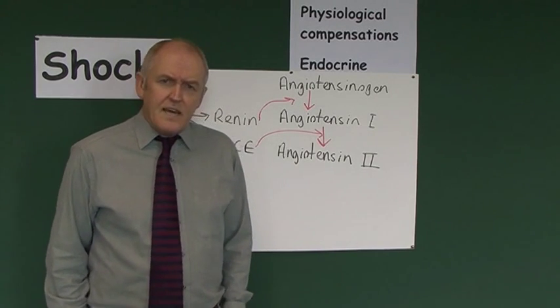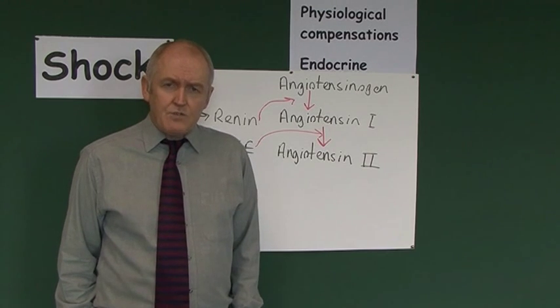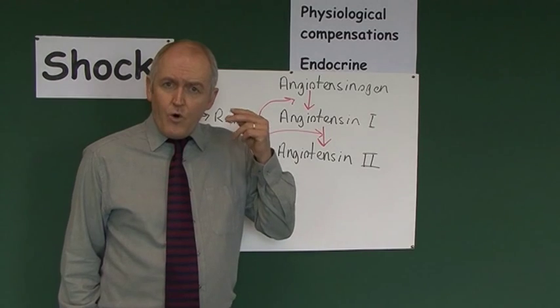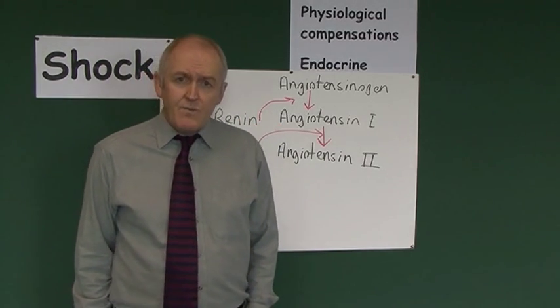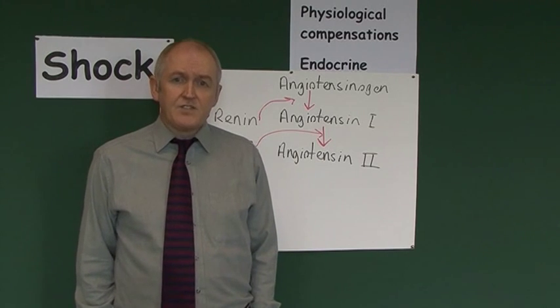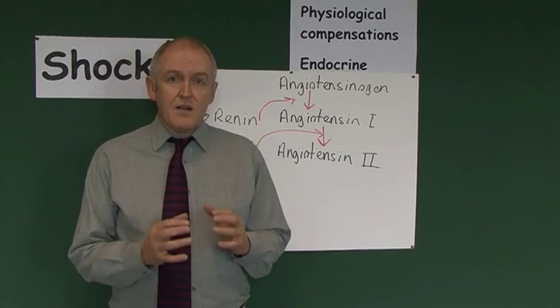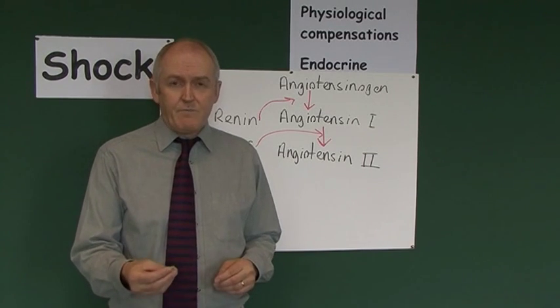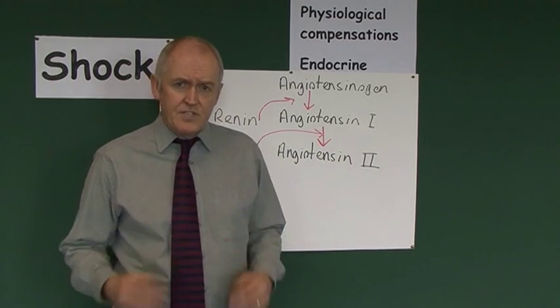And a final effect, angiotensin type 2 works on osmoreceptor neurons. Now, osmoreceptor neurons are in, or near, probably in, the hypothalamus. And when these are stimulated, it generates thirst. So the patient feels incredibly thirsty. And you may have noticed this, especially in your hypovolemic patients, especially burns patients. They are desperately thirsty.